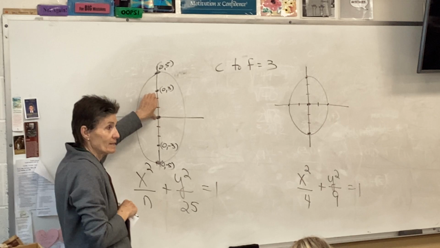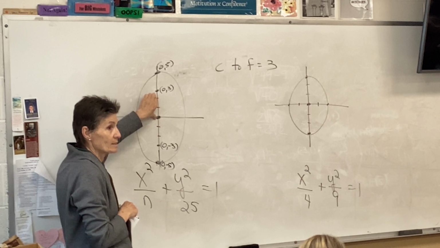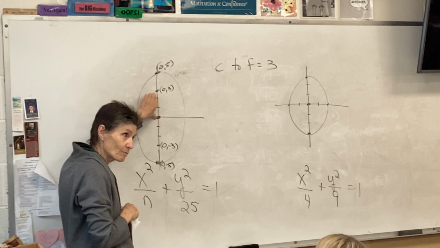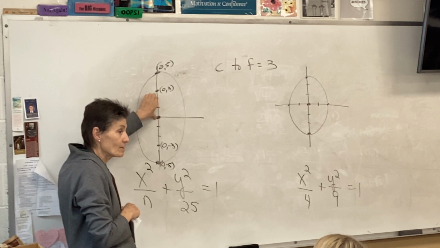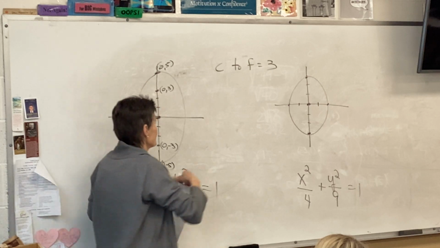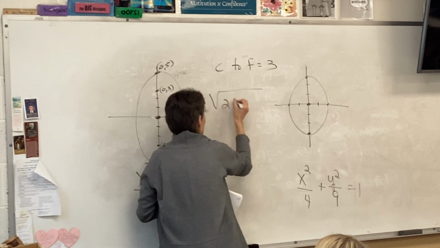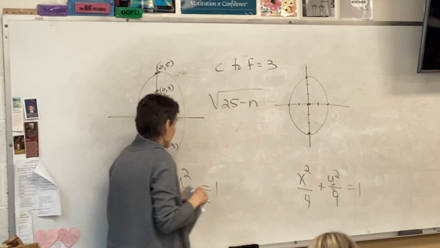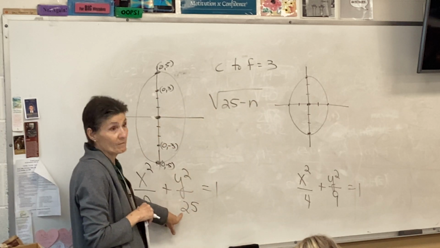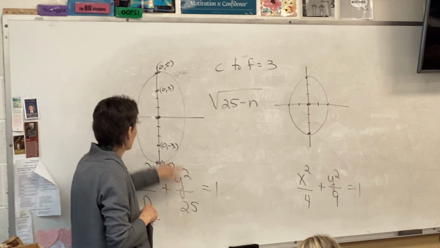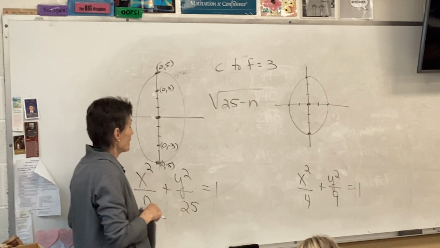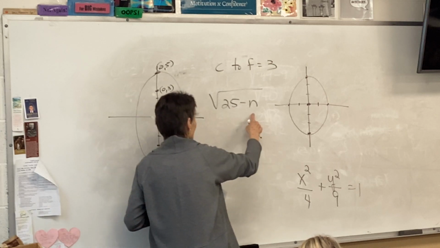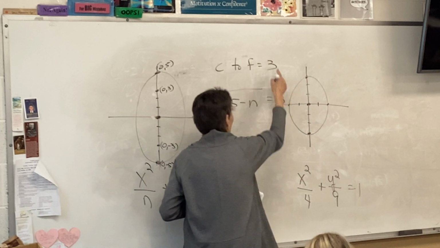How do I find the distance from the center to the focus? No, it's not an average. That would be midpoint. How do I find the center to the focus? The denominators. Subtract my denominators and take the square root. So I know one denominator is 25, and by the way, that's the big one. I don't know the little one, but I know that if I subtract them and take the square root, I get 3.